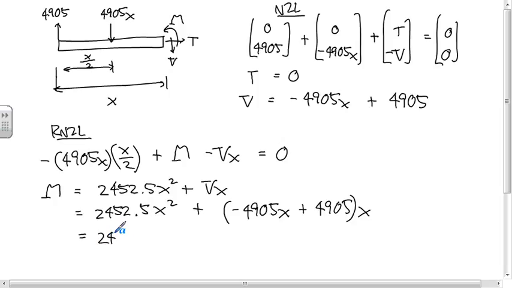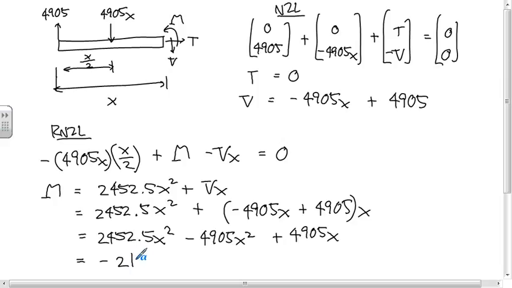So 2452.5x squared minus 4905x squared plus 4905x. And so the final function you get is negative 2452.5x squared plus 4905x.